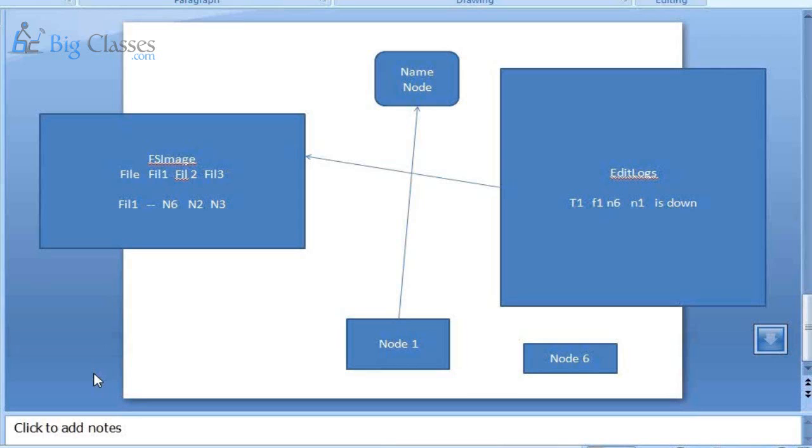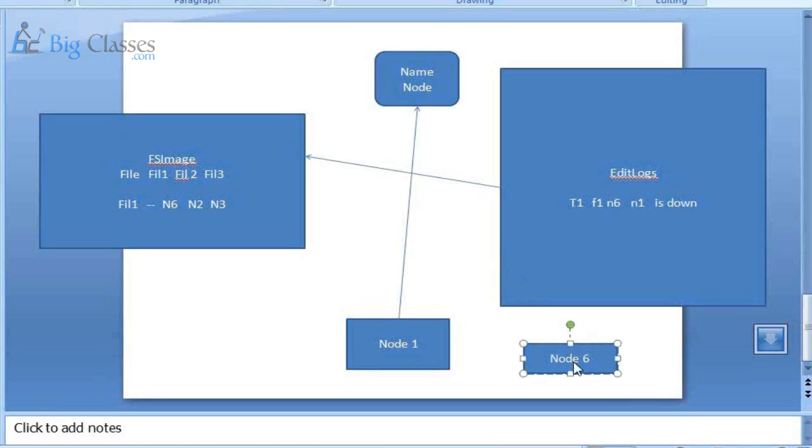Now the new node has come. After some time, if the old node is re-invoked once again, what replication factor should be maintained? That is something the administrator needs to take a call on. If node 1 comes up again, there might be a place where they want to deactivate node 6 as well.